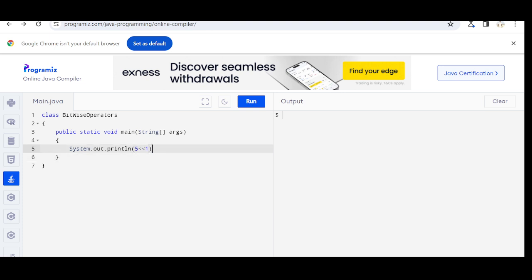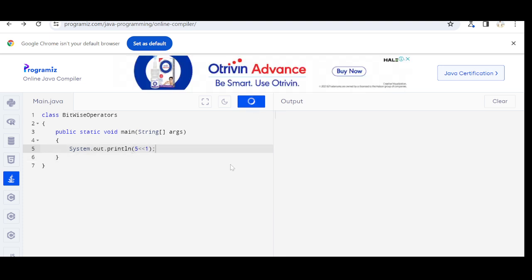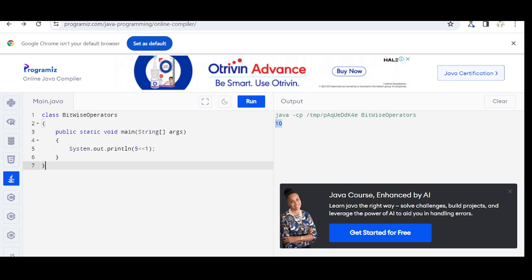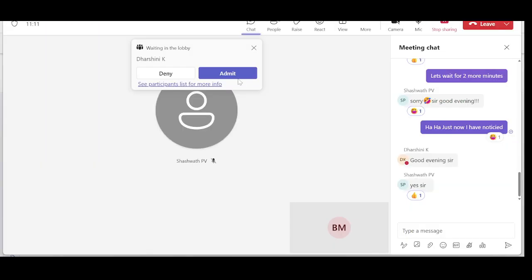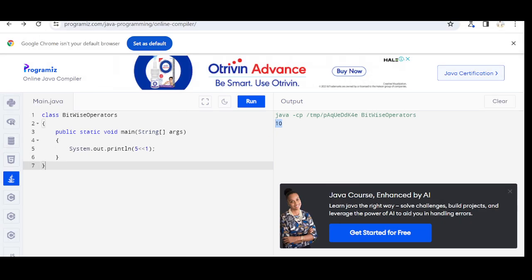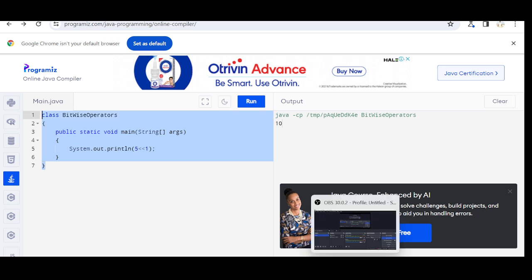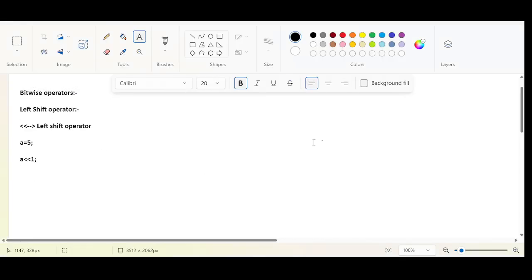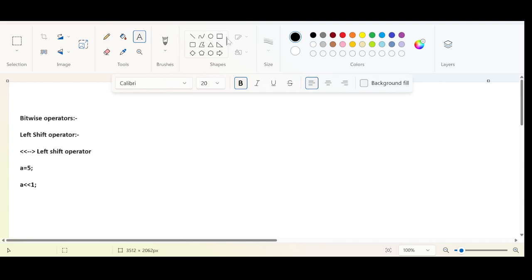If I do this, the output is 10. Now the question is, why is the output 10? What is happening internally? That understanding is required. Let me copy the same program and let me use this paint screen.